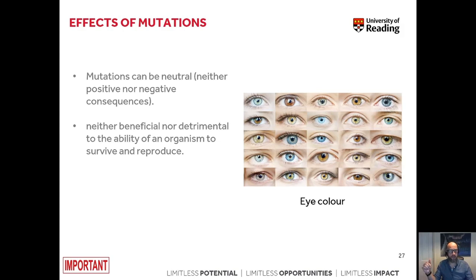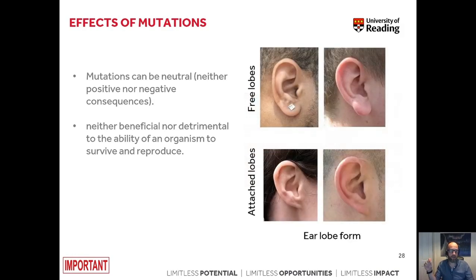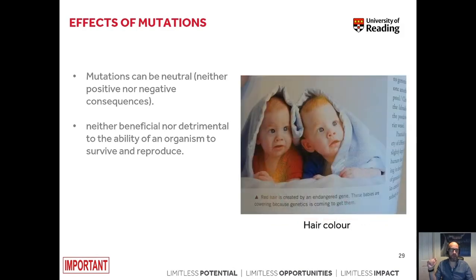All of us have different eye colors, but usually those different colors do not affect our ability to reproduce. Another example of neutral mutations is the form of the earlobes. Some of us have attached lobes, some others do have free lobes. However, also here, this type of mutation does not have any consequences on the ability to survive or to reproduce.